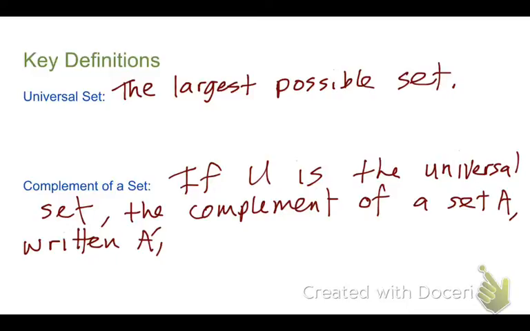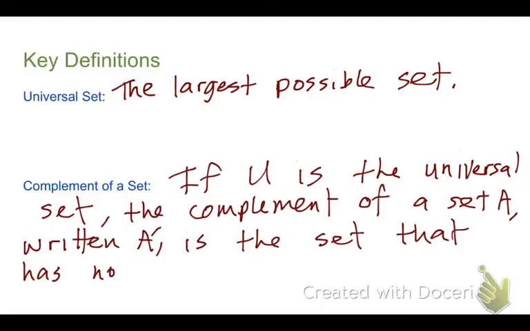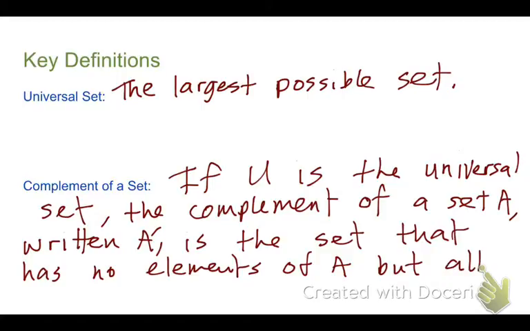So if U is the universal set, the complement of a set A, written A prime, is the set that has no elements of A, but all other elements of U.